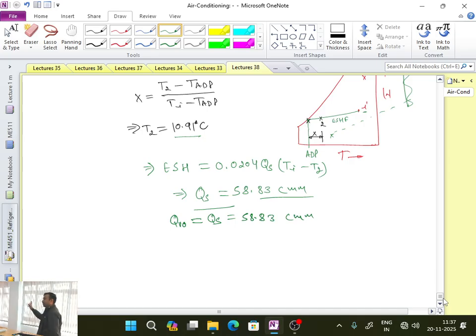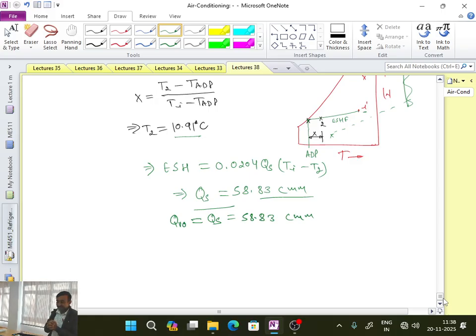If the flow rate is increased, the temperature will be higher. Is this point clear? I have the same bypass factor, but I increased the quantity of air passing over the cooling coil. When I increase the quantity of air, then at the exit of the cooling coil, whatever state I get, its temperature should be greater than the temperature of state 2. All of you agree to this point?